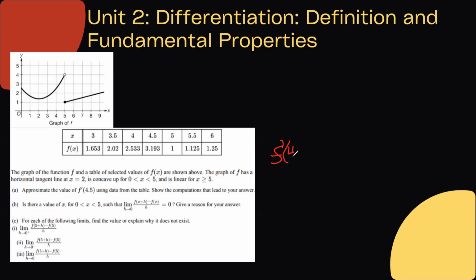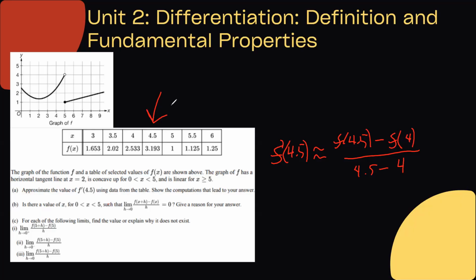F prime of 4.5 is approximately equal to f of 4.5 minus f of 4 over 4.5 minus 4. Since 4.5 is not in the table, you would have to use the 2 points closest to it.